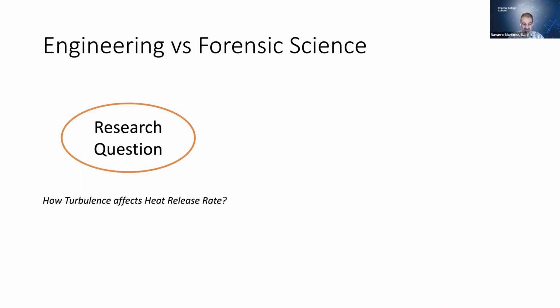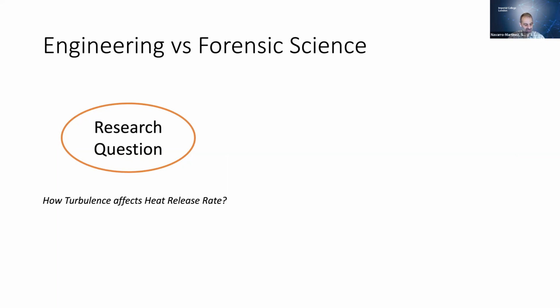Engineering versus forensic science. As an engineer or fluid scientist, I'm always interested in the research question. For example, how does turbulence affect the heat release rate? This question may be simple or not so simple. Turbulence and heat release may seem simpler than it is.